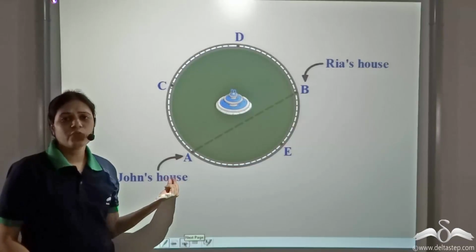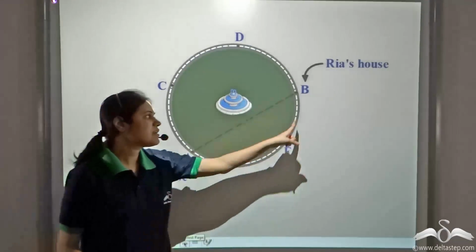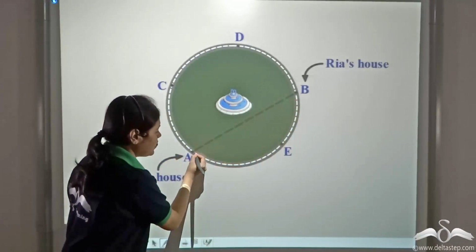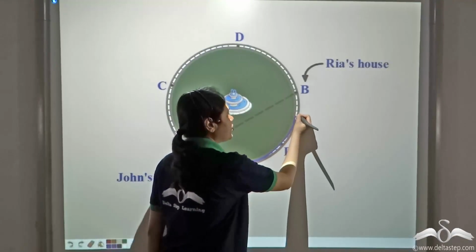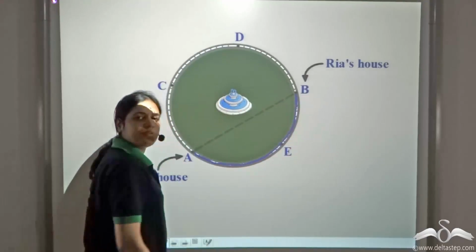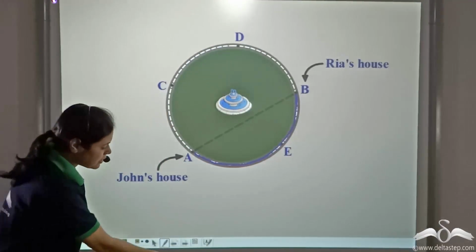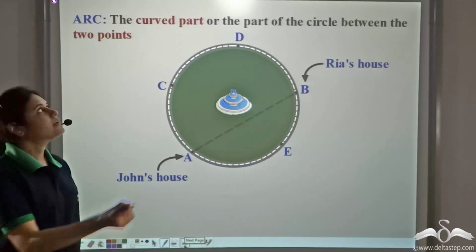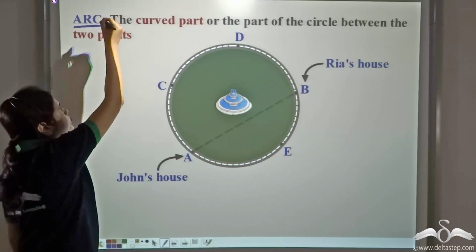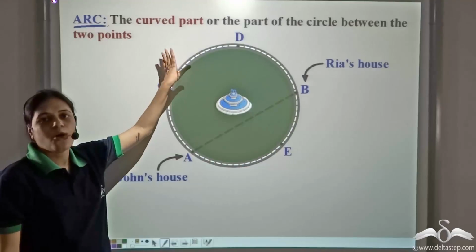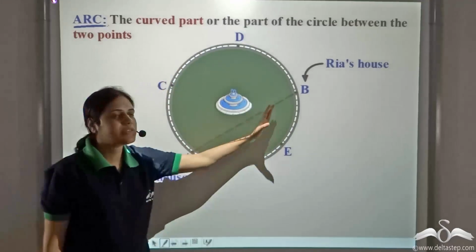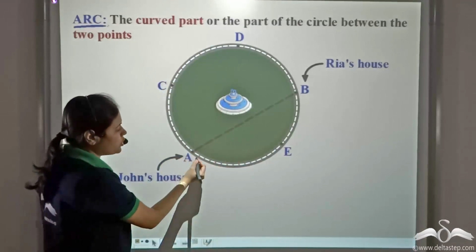Now, suppose John travels via this curved path. That is, he goes from A to B through this curved path. This curved path is called an arc. So an arc is the curved part or the part of the circle between the 2 points.